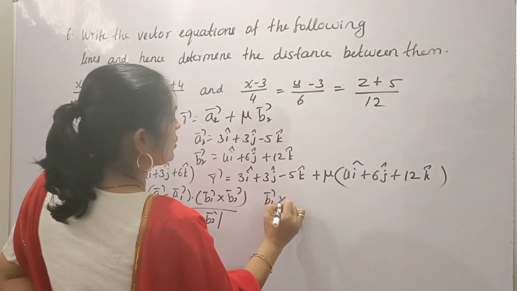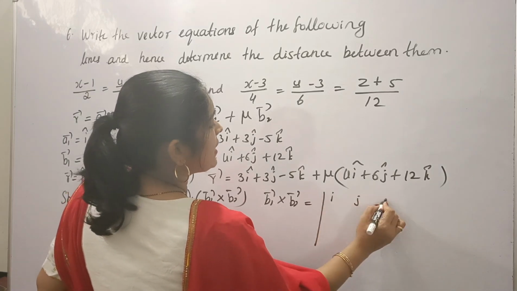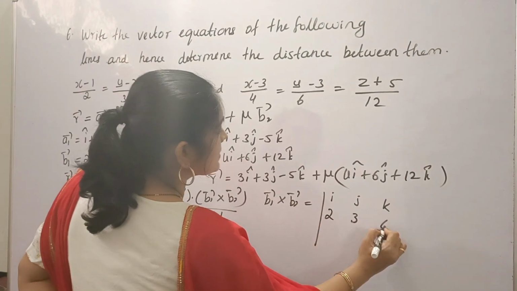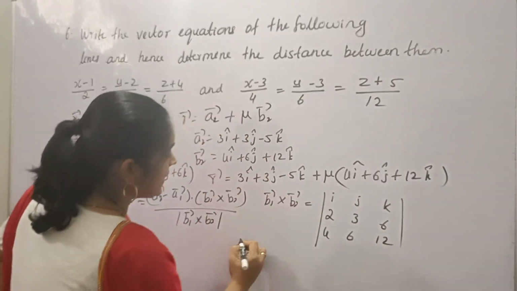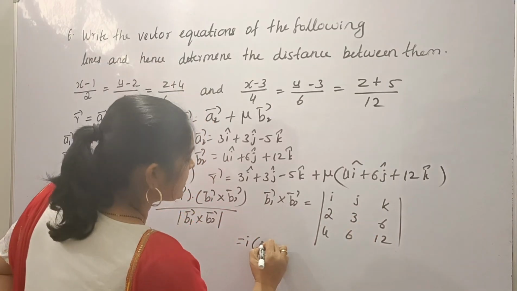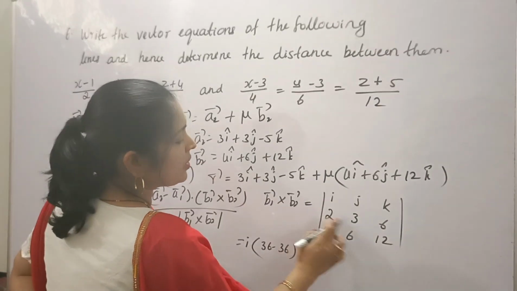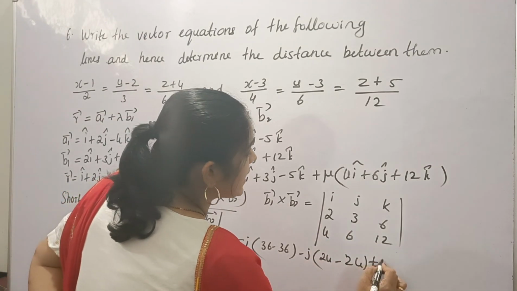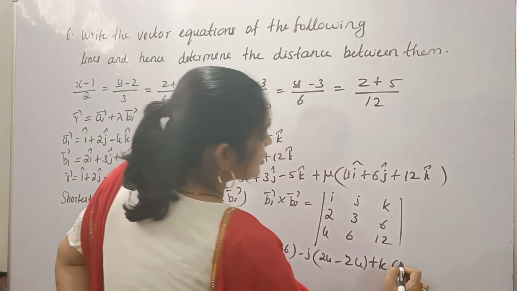So vector b1 cross vector b2 is equal to the determinant with rows i, j, k; 2, 3, 6; 4, 6, 12. That is equal to i into (36 - 36) minus j into (24 - 24) plus k into (12 - 12).